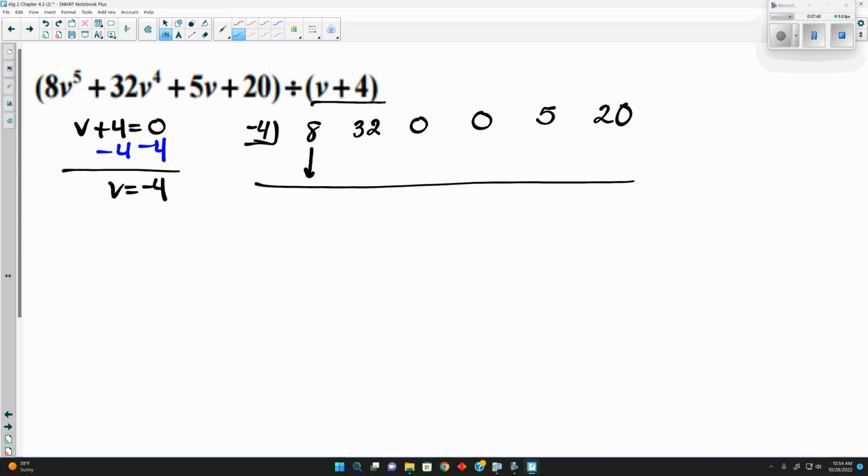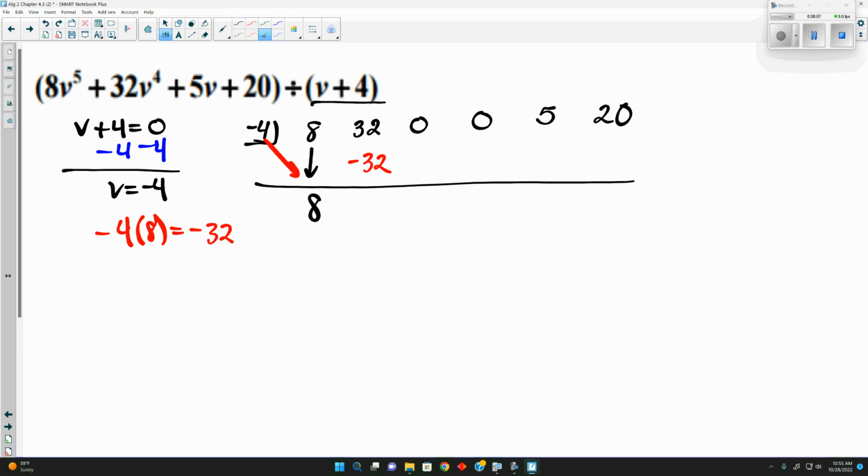because here the first thing we need to do is to drop the 8. Now our first step is to multiply by negative 4. So we'd say negative 4 times 8. And negative 4 times 8 is negative 32. We'd put it under our next number.